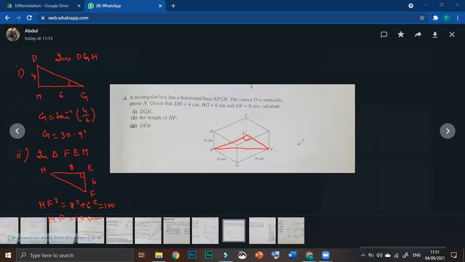Now part number 3. We want to find out angle DFH. This one is D. This one is F. And this one is H. Which triangle we will use to find out DFH?